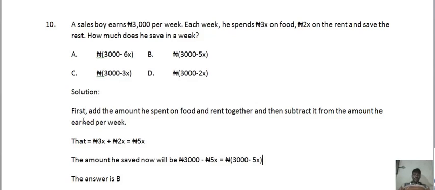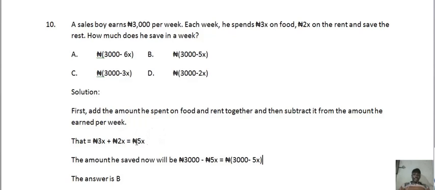The solution is first to add the amount he spent on food and rent together, and then subtract it from the amount he earned per week. So when we add the amount he spent, 3x naira plus 2x naira, that gives us 5x naira.